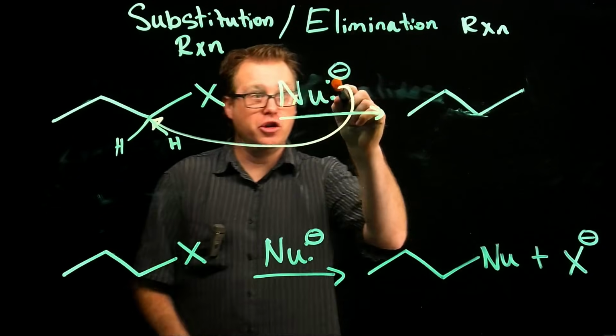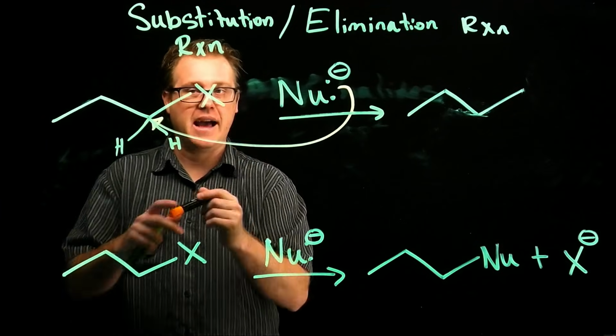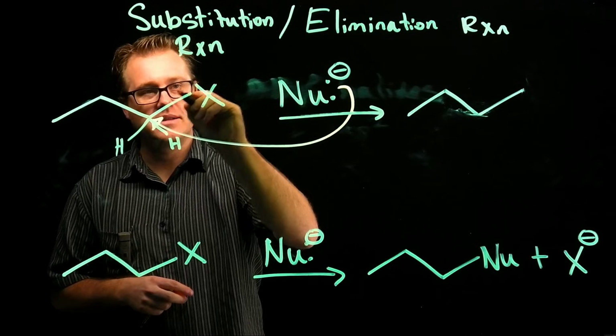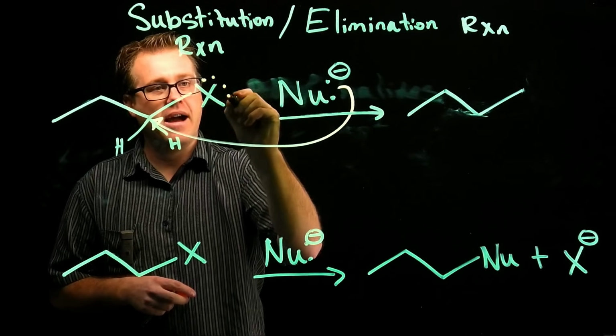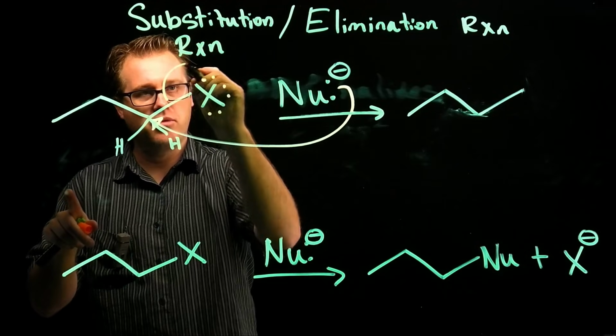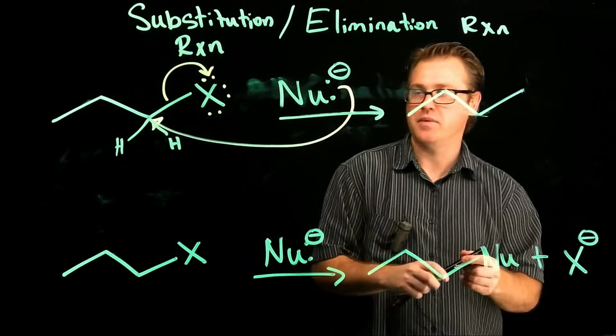is as the nucleophile comes in and attacks the carbon that's directly attached to the halogen, the carbon-halogen bond breaks. And so we already have the 3 lone pairs on the halogen, but then it's going to break and dump both the electrons onto the halogen.